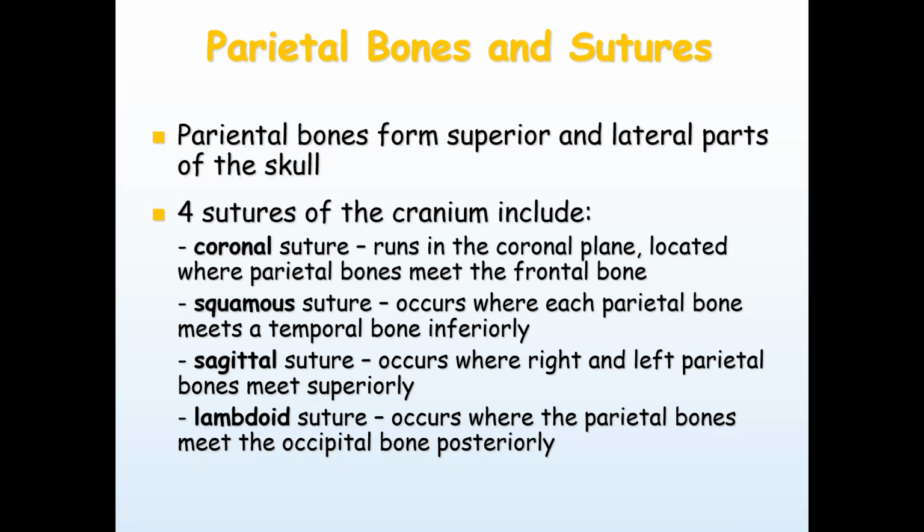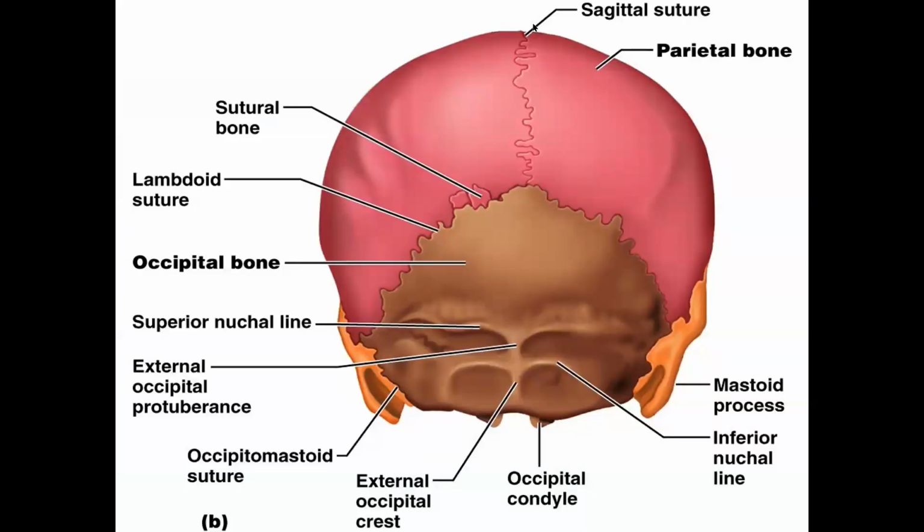So it mentions here, we mentioned the coronal suture already, the squamous suture, and the lambdoid suture. But you also have the sagittal suture, which is formed between the parietal bones themselves, right? So here we go. The sagittal suture is between the parietal bones.